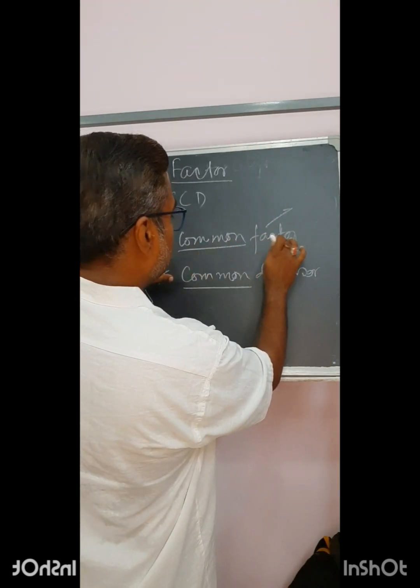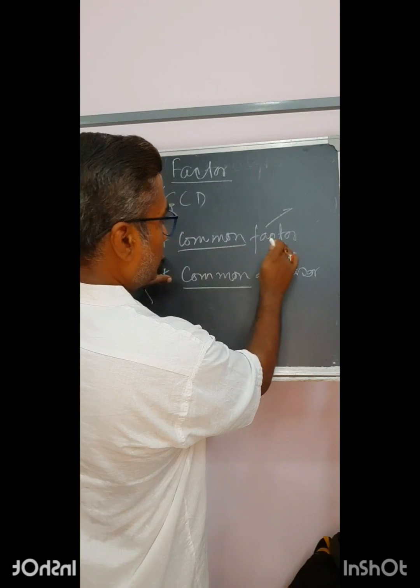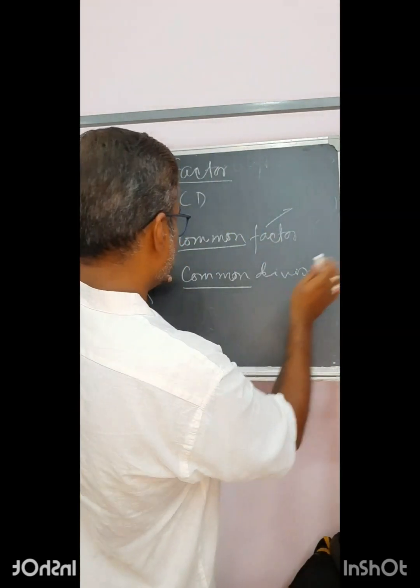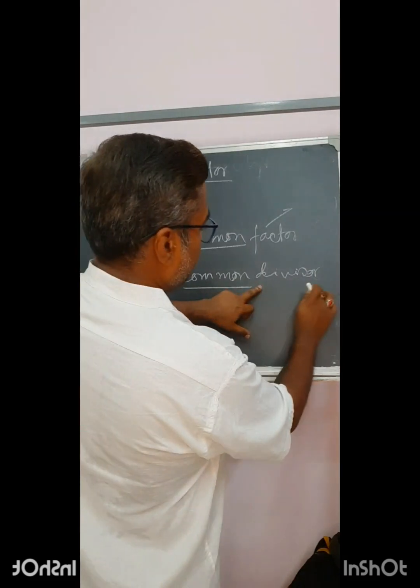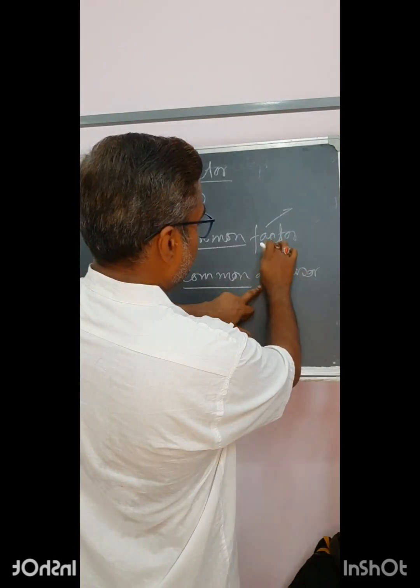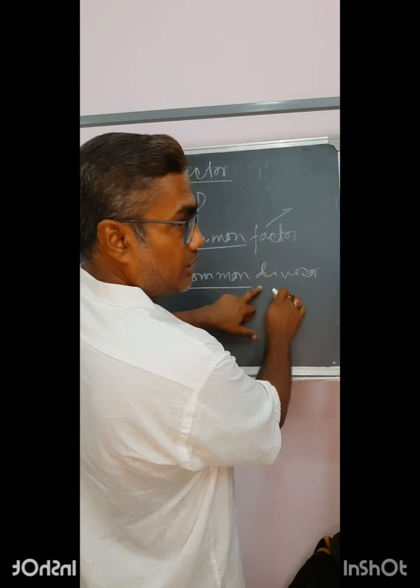So the number which I will take has to be a perfect divisor of those two numbers. Factor and divisor are alternative terms.